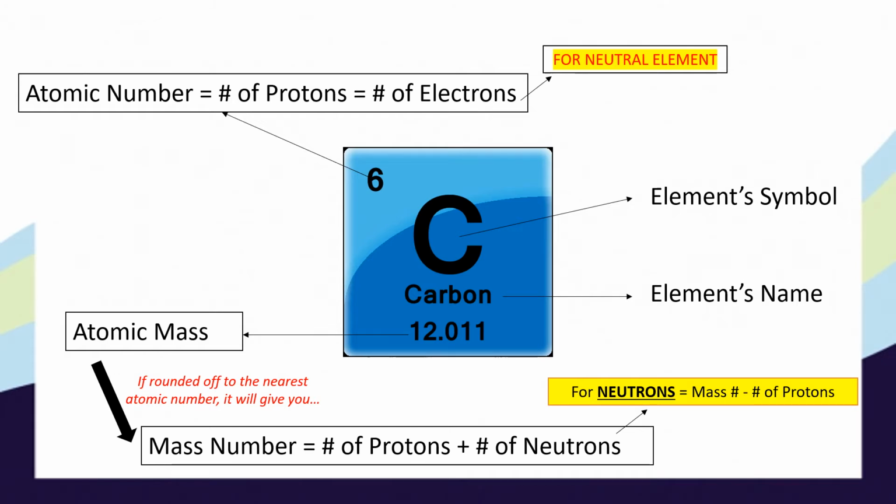But for neutrons, in order for you to get the value of it, you need to subtract the number of protons from the mass number.